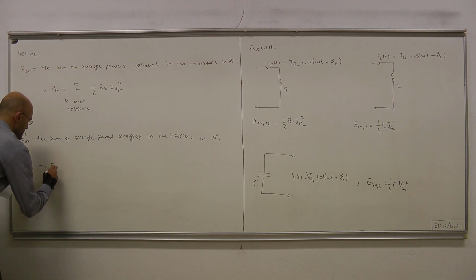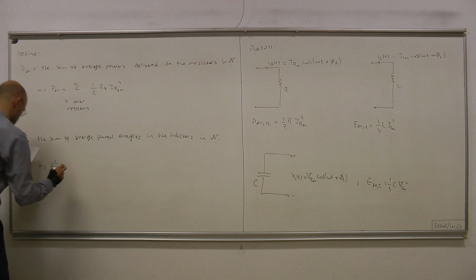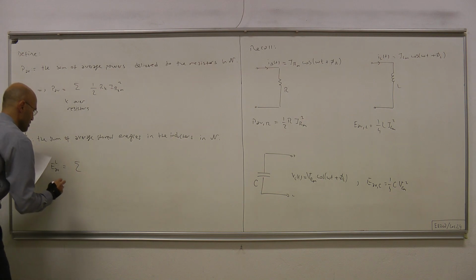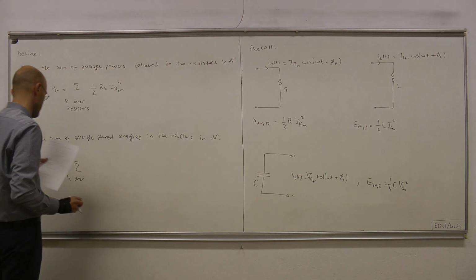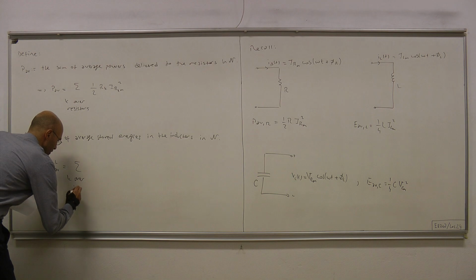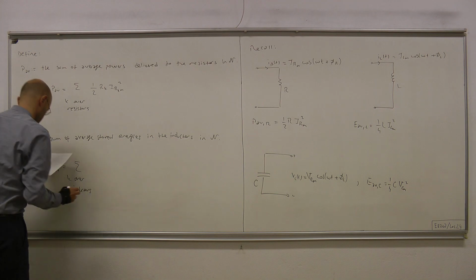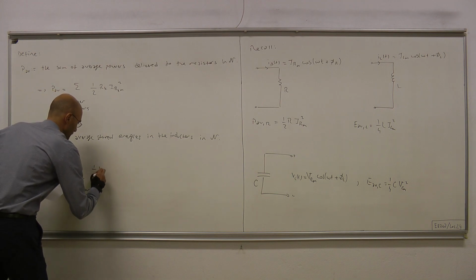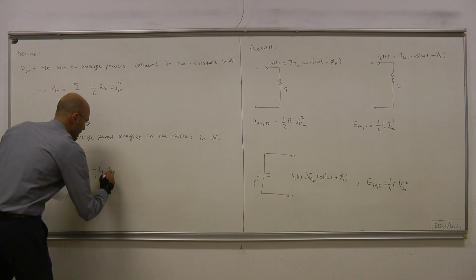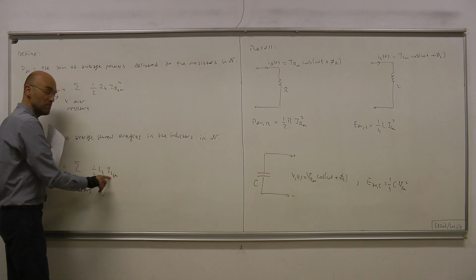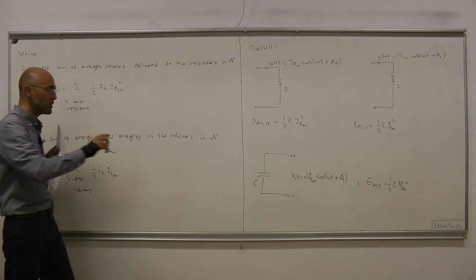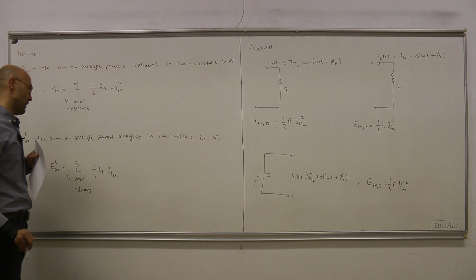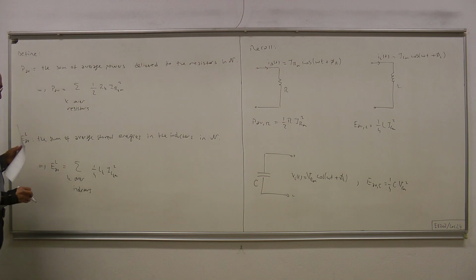That is E average L equals the summation, performed only over the inductors, k over inductors, of 1/4 L_k |I_Lk|^2, the magnitude of the current passing through the kth inductor in our one port N, squared.